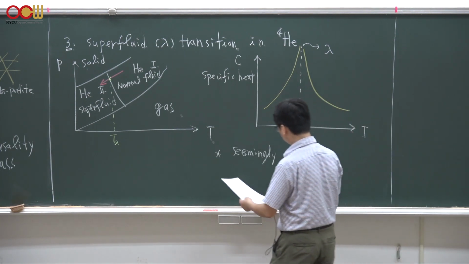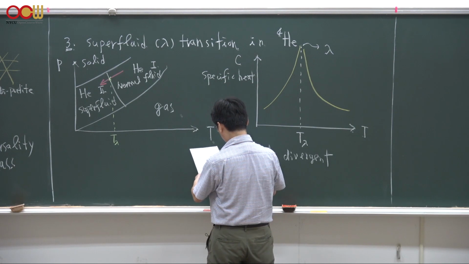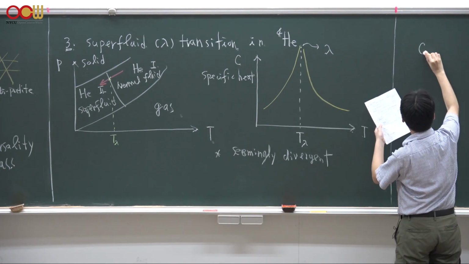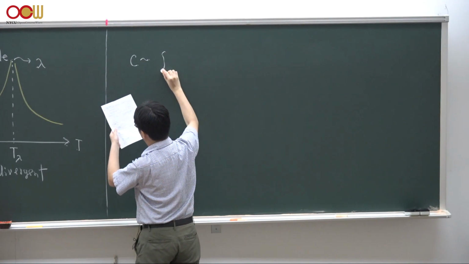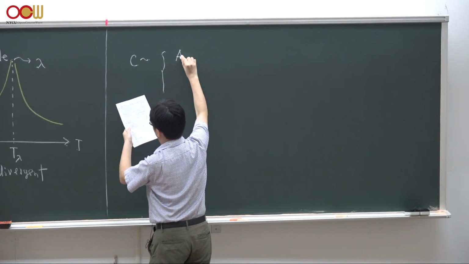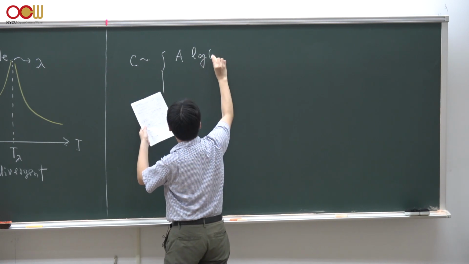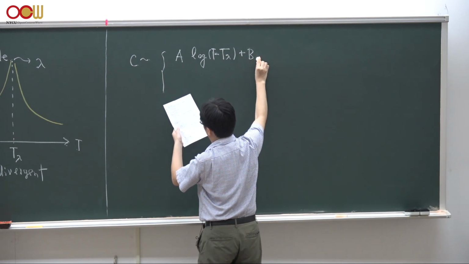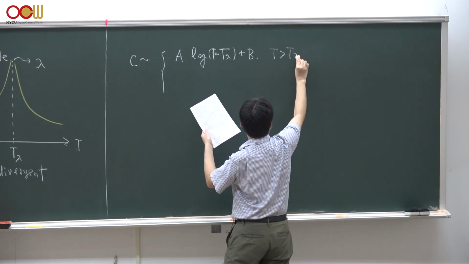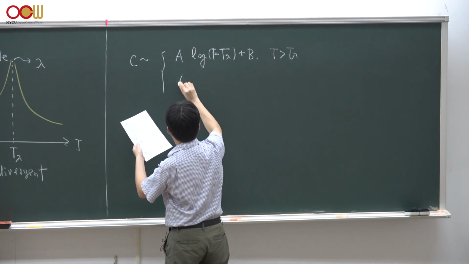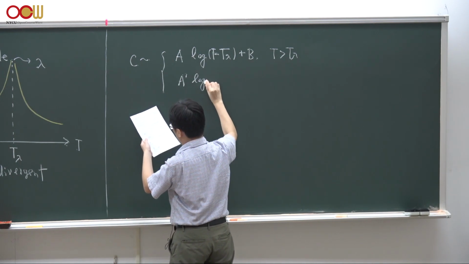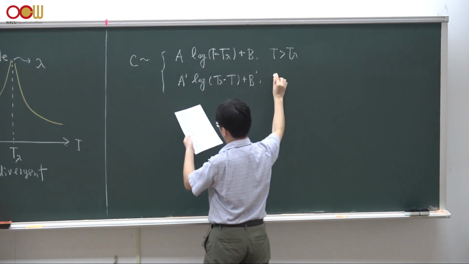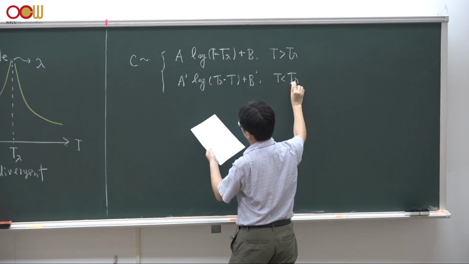Historically, the divergence was fitted to a logarithmic function near T lambda. So C is approximately given by A log(T minus T lambda) plus B for T greater than T lambda, and A prime log(T lambda minus T) plus B prime for T less than T lambda.